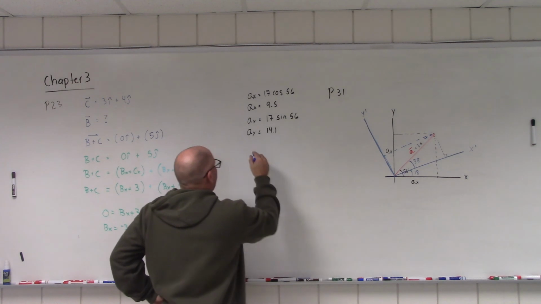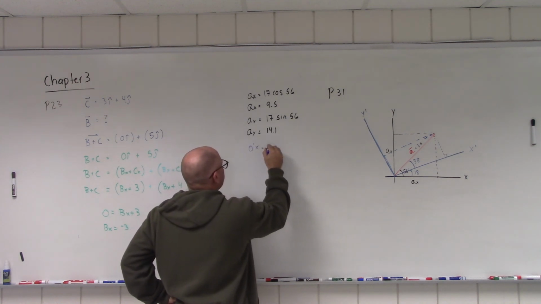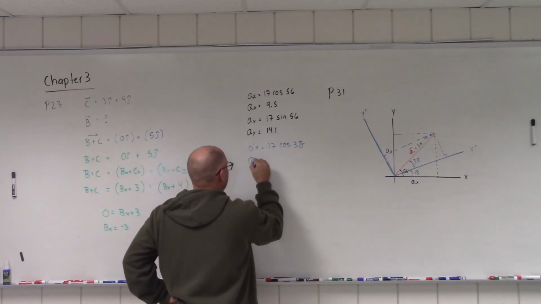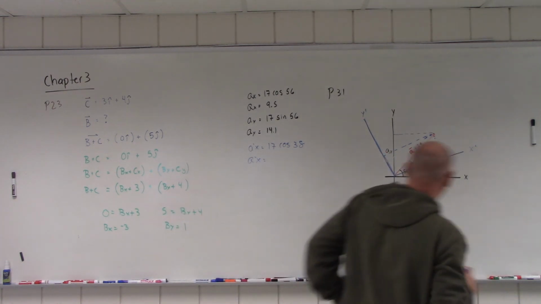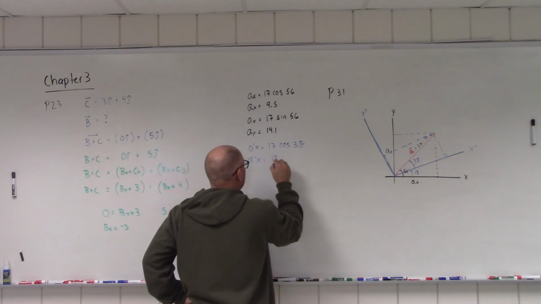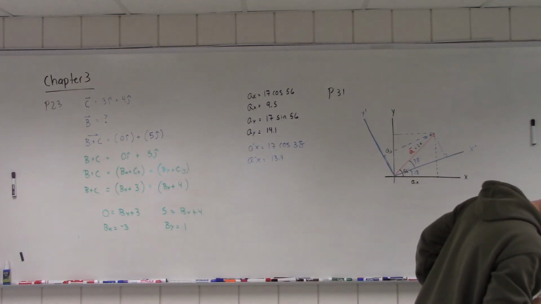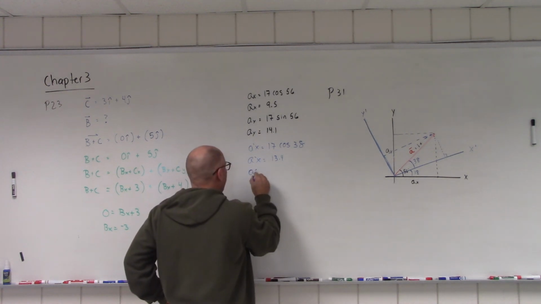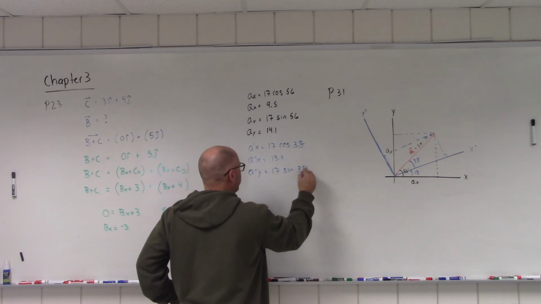So now we can just work it out. We can say that a prime x is equal to 17 times the cosine of 38. So a prime x is equal to 13.4. And a prime y is equal to 17 times the sine of 38 degrees.